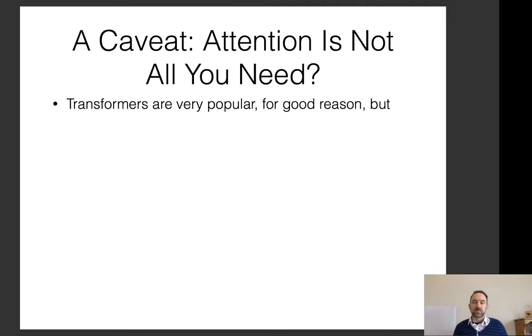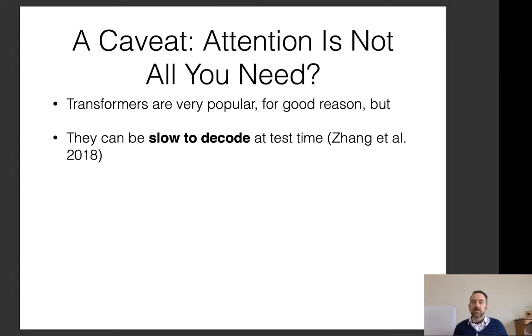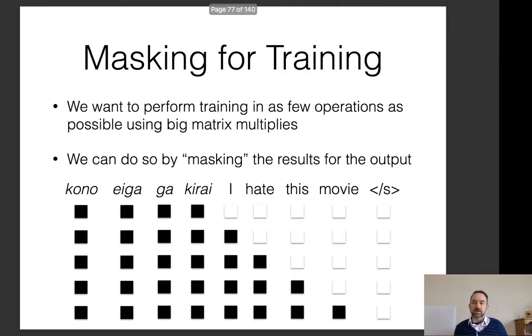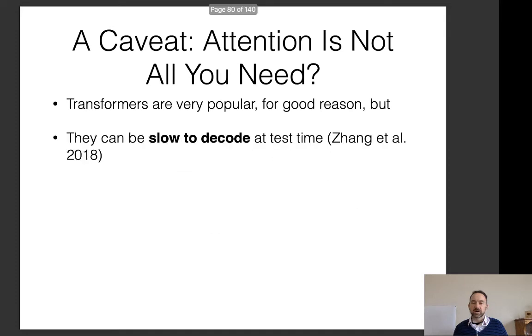Transformers are very popular for good reason. They get good accuracy. They're fast to train. However, one issue with them is that they can be slow to decode at test time. The reason is that it becomes harder to do this sort of masking efficiently at test time. Because of this, you need to spend more time decoding them, and the complexity can become quadratic.